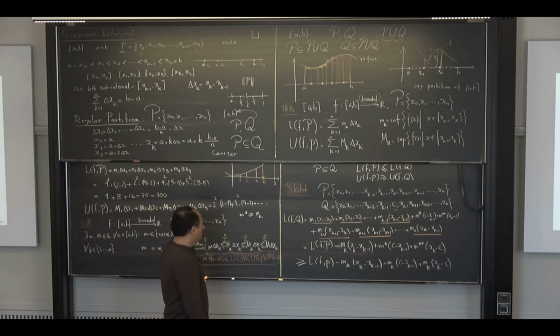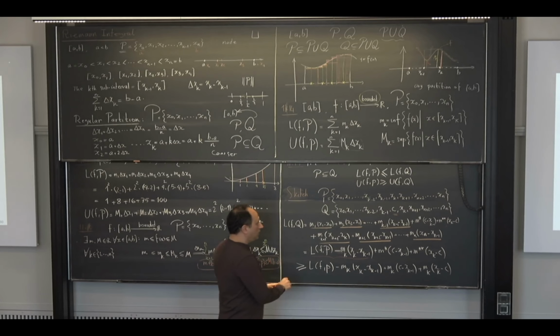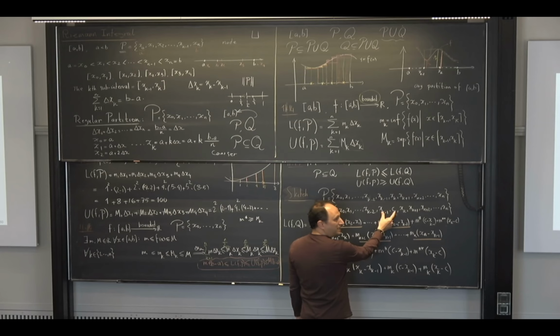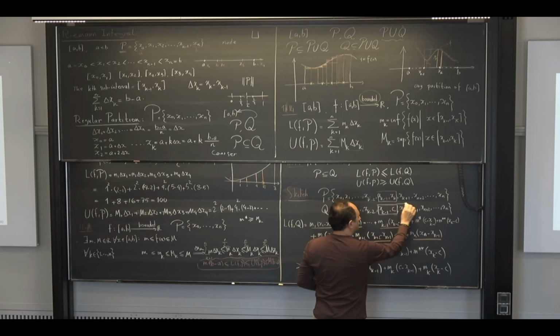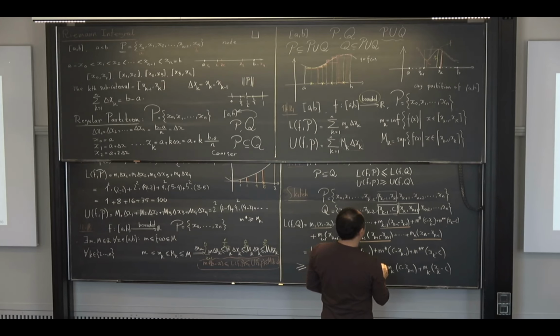Yes? Because what is m star? M star is the minimum of this sub-interval. So this interval has now been broken into two sub-intervals. So one of them is this one, the other one is this one.